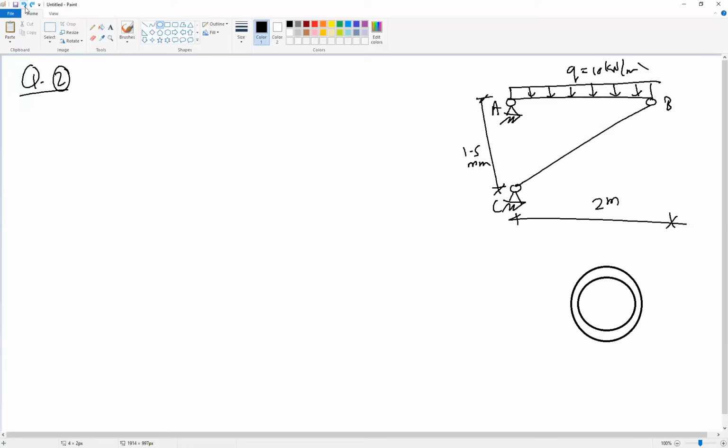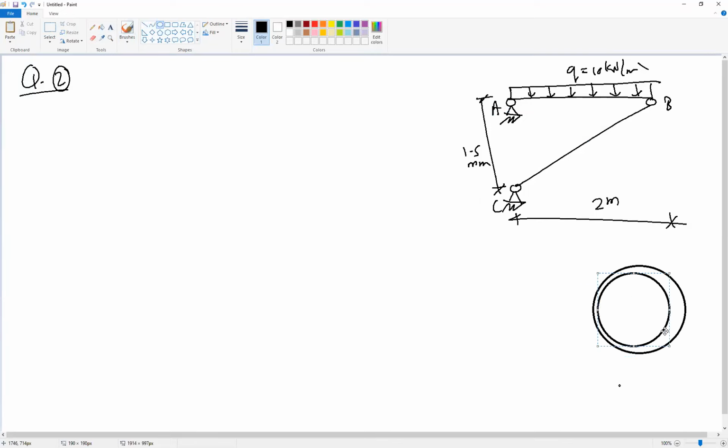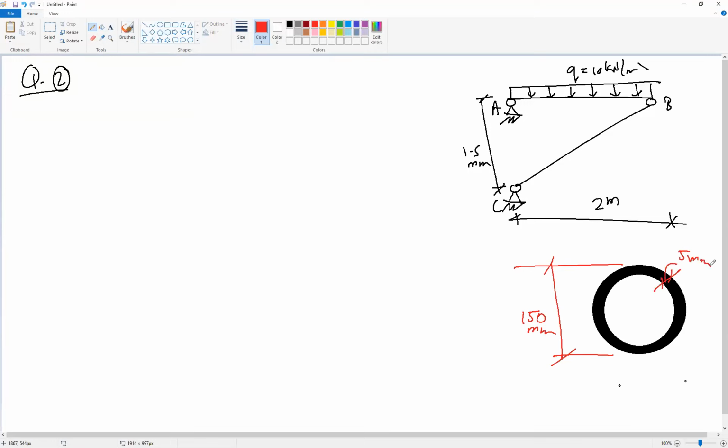is a square hollow section. And the dimension for this one is 150, and the thickness, this thickness is 5 millimeter.